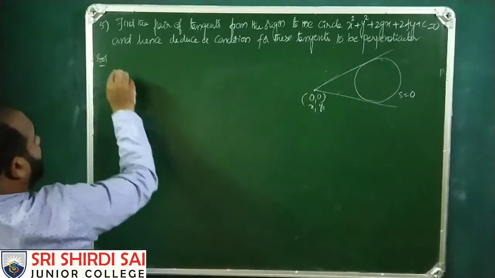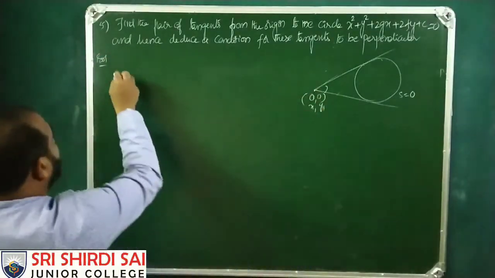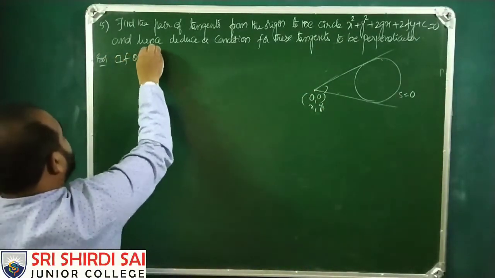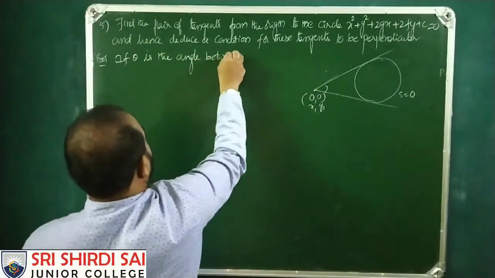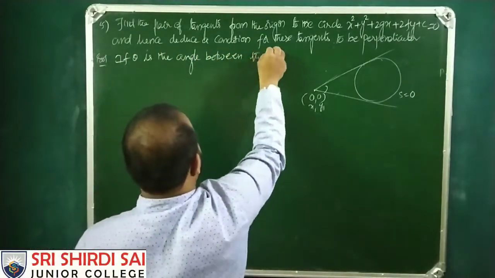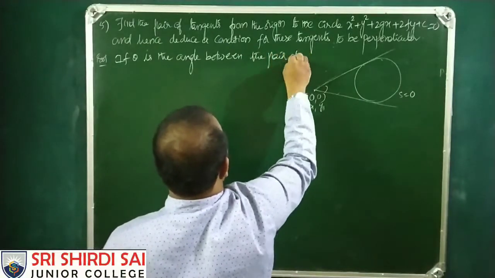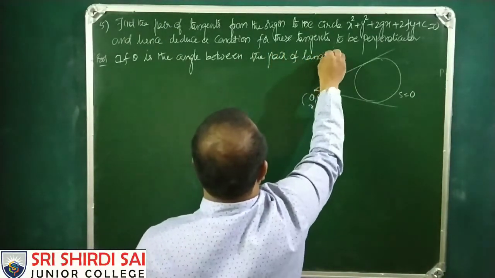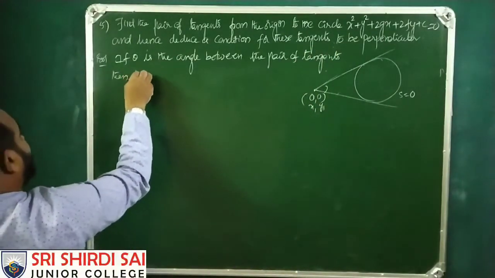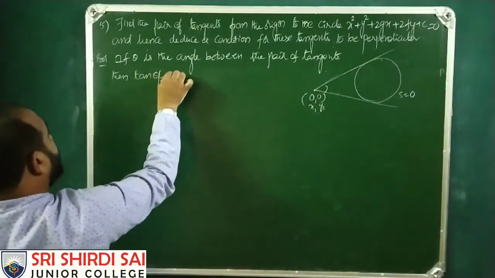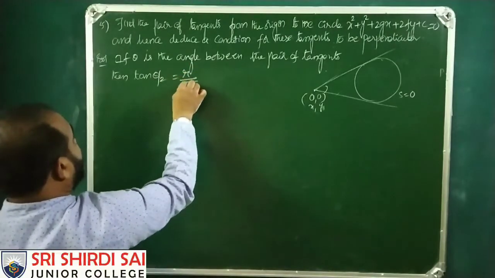Solution: if theta is the angle between the pair of tangents, then tan theta by 2 is equals to r by square root of S11.